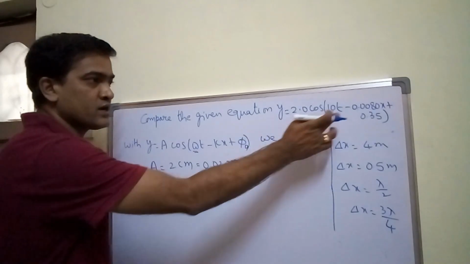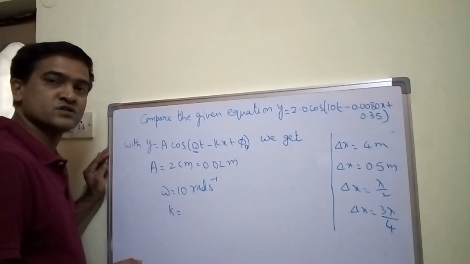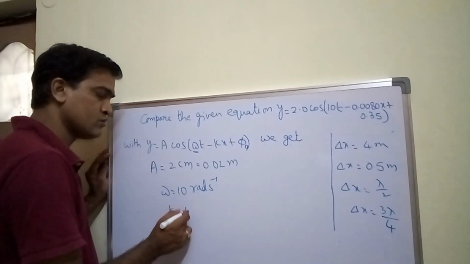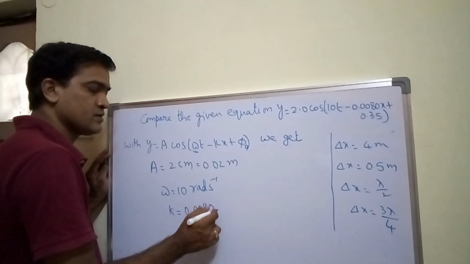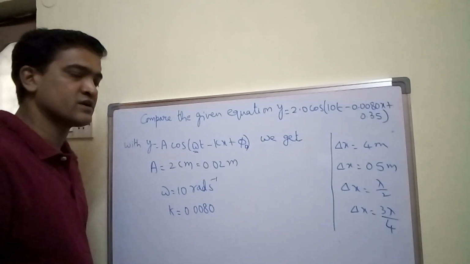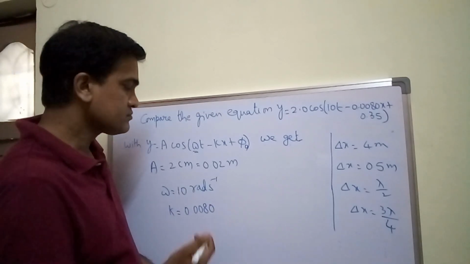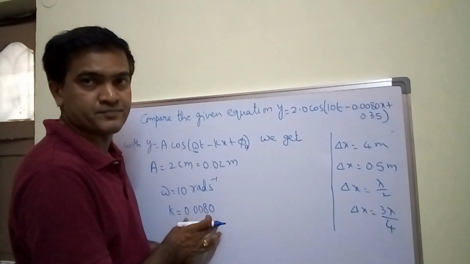In place of k you have 0.0080. So k is nothing but propagation constant, right? K is equal to 0.0080. This is nothing but per centimeter, you can say, plus 2 pi by lambda, right? 2 pi radian by lambda. So this is the value of k.